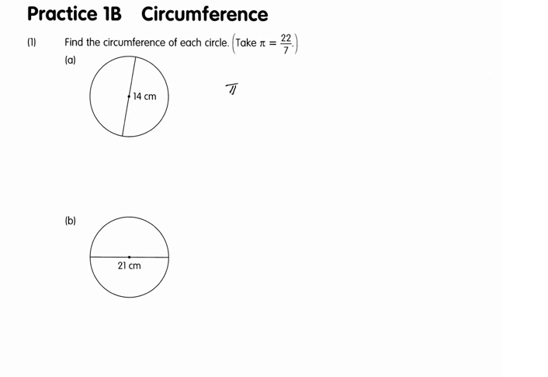All your working, you must have pi multiplied by d. You cannot immediately write pi multiplied by 14. I want to see the formula first before you substitute in the value. Do you understand? I want to see this first. Dara.